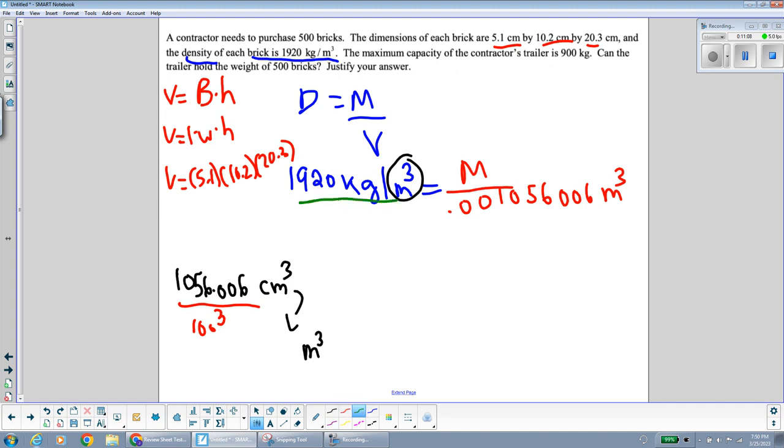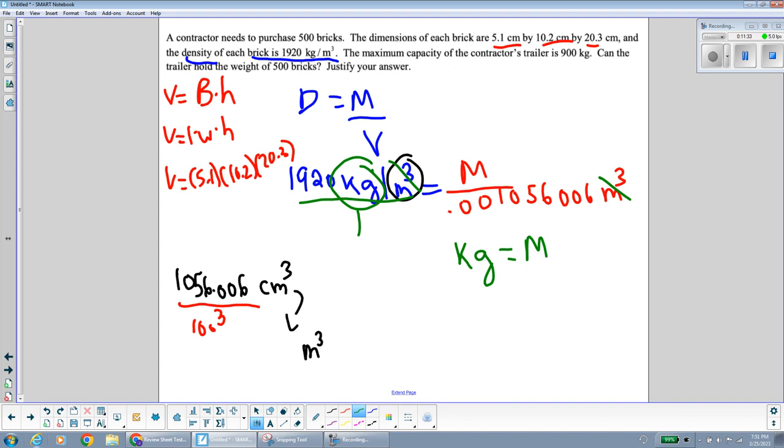So let's cross multiply to find out what the mass of each of the bricks is. And our volume units are now the same, and they're going to cancel out, and we're going to be left over with the mass unit, which is kilograms. So our mass is going to be in kilograms. And once again, it makes sense that the volume units would cancel out because we are trying to find the mass here so we can see what the weight of 500 bricks is going to be.